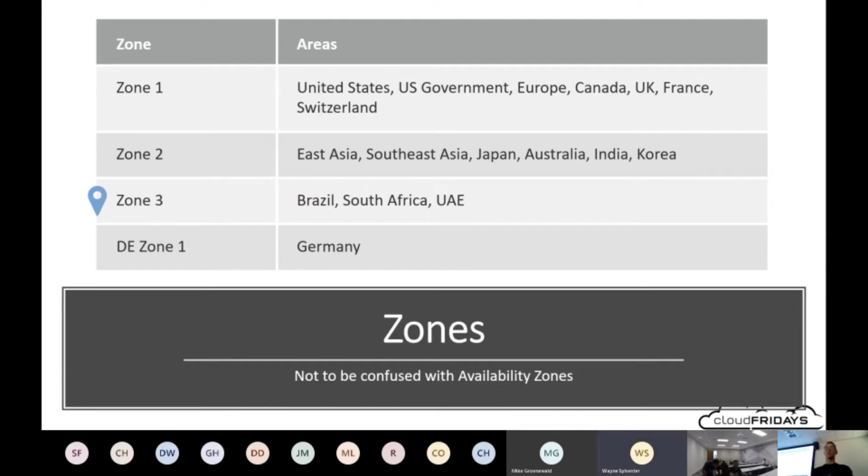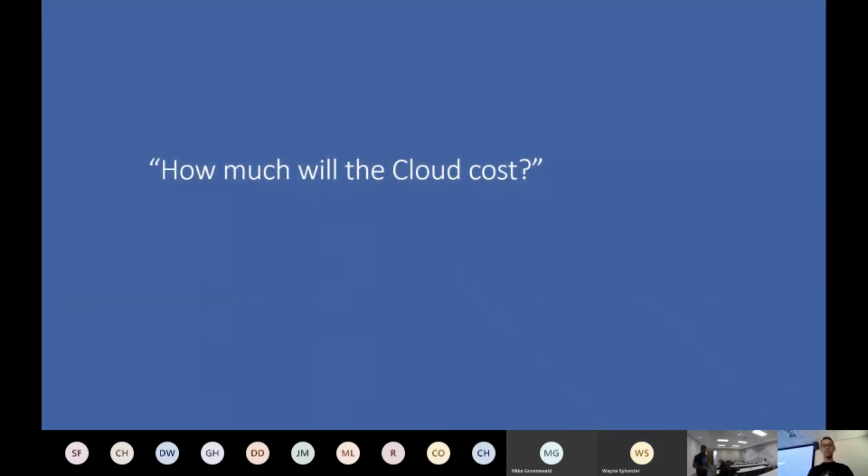Availability zones is a failure protection that Azure provides between data centers. And they will always refer to availability zones, the full phrase, whereas zones on its own is the geographical zones.